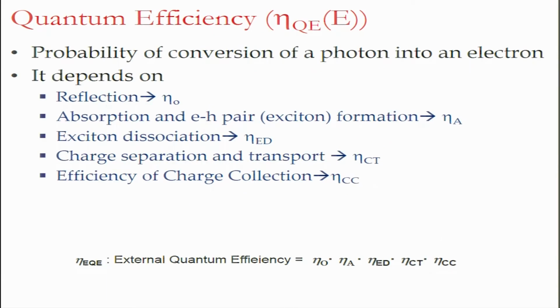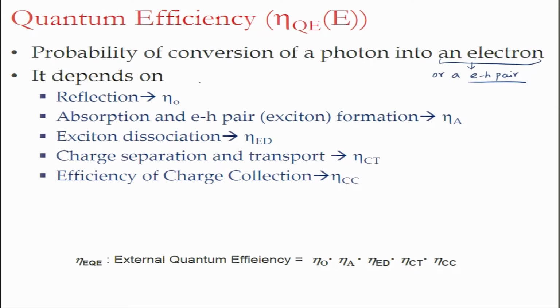There is, in the solar cell literature jargon, another term that will come into consideration, which is called quantum efficiency. Quantum efficiency is essentially the probability of conversion of a photon into an electron hole pair, or EH pair, which eventually gets separated and gives you an electron and a hole. So, it depends upon various factors.